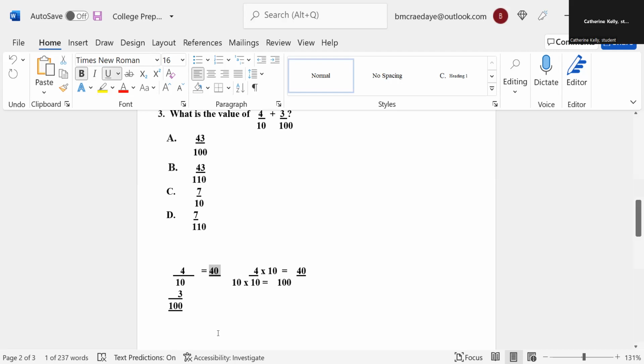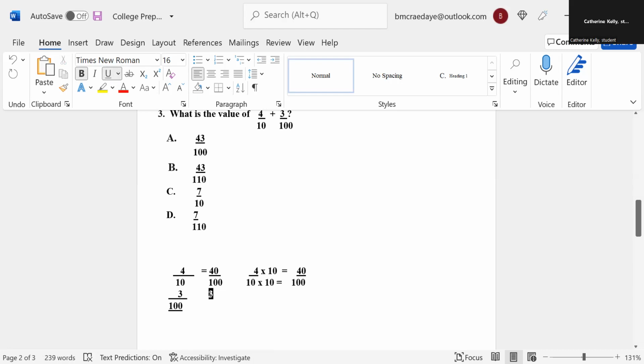And you've got 3 over 100 right here. What's that equal to, Catherine? No, 3 is over 100. We already got that as 100, so we don't have to do anything to that, but just rewrite it. That's it. So that would be 3.